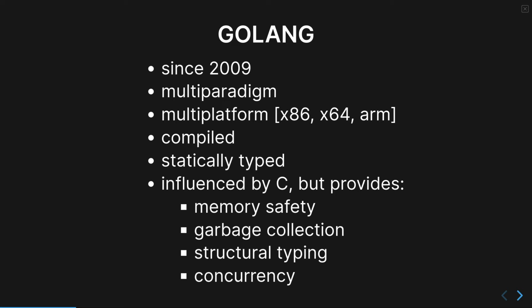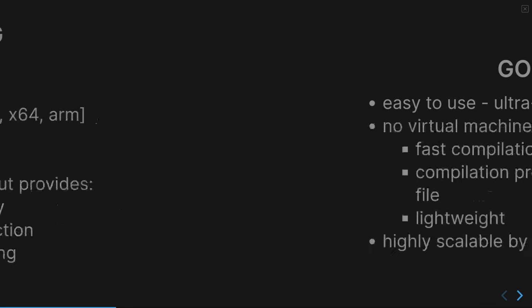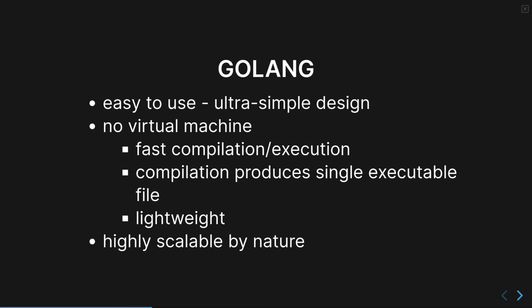And one of the most important, I would say, aspects of Golang is its concurrency, which makes it great for distributed programming, for working with threads, with some background tasks, and so on. It also makes it highly scalable by nature. And Golang is claimed to be ultra easy to use just by design.